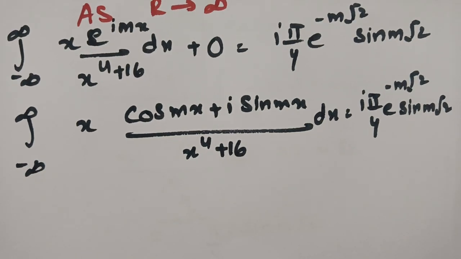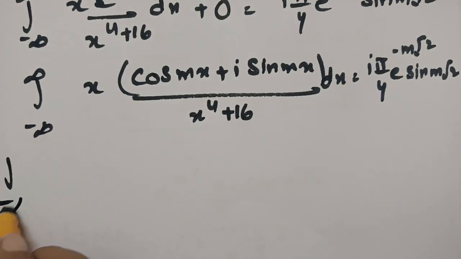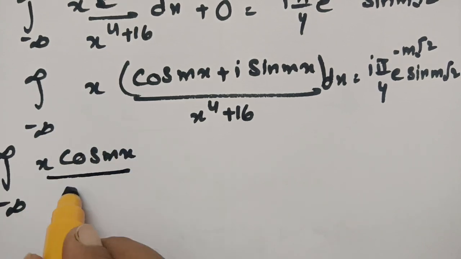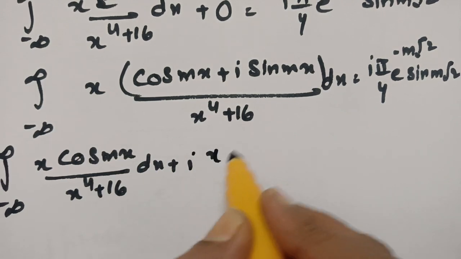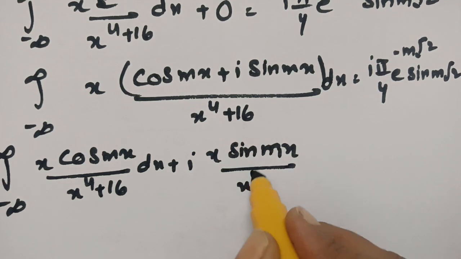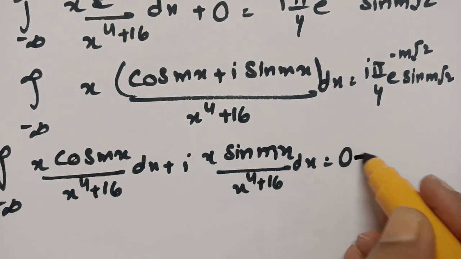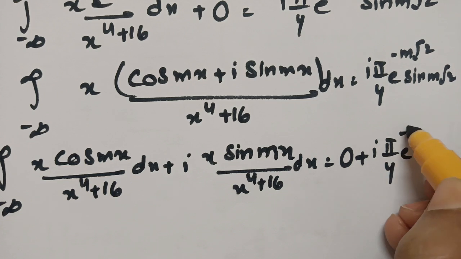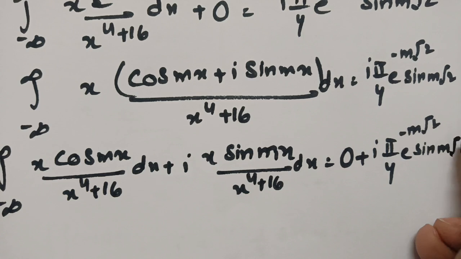If I multiply this out, this will be the integral from minus infinity to plus infinity of x cos mx by x power 4 plus 16 dx, plus i times the integral of x sine mx by x power 4 plus 16 dx, equal to, here the real part is 0 and here is the imaginary part, that is pi by 4 e power minus m root 2 into sine m root 2.